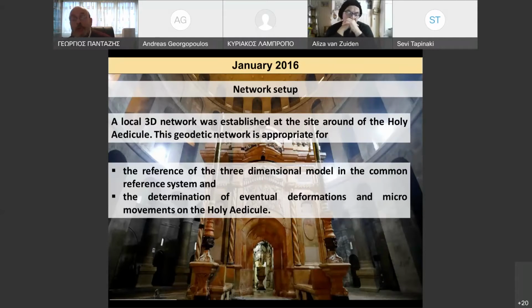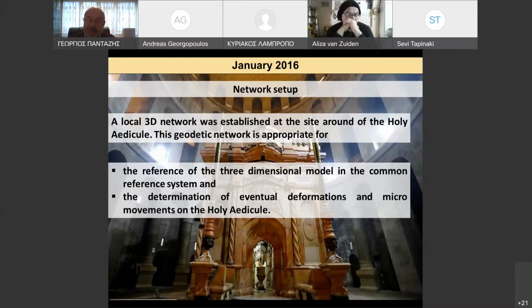First of all, the data acquisition took place after the closure of the church because it is difficult to do measurements with people. The methodology implemented for the production of the above described products applied the most contemporary geomatic techniques and, of course, specialized instrumentation.